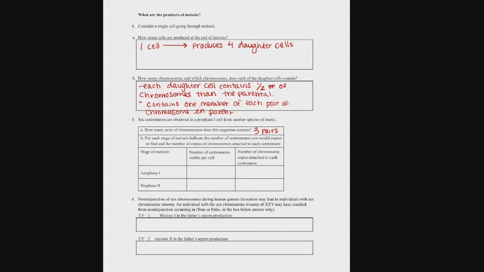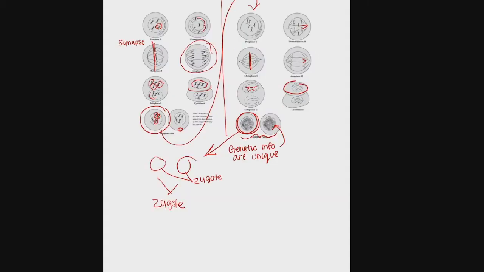Now, in Anaphase 1 and Prophase 2, we want to know the number of chromosomes visible per cell and the number of chromosome copies attached to each centromere. So I'm just going to go back to our diagram here because we're looking at Anaphase 1 and Prophase 2.